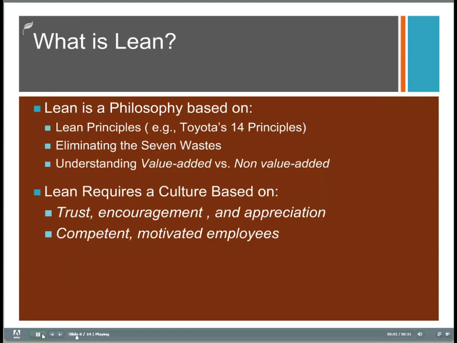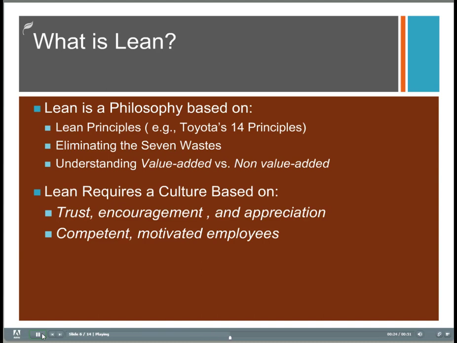What is Lean? Well, Lean, first of all, is a philosophy. The philosophy is based on Lean principles, and we'll look at Toyota's 14 principles. It's dedicated to eliminating wastes and also to the concept of understanding value-added versus non-value-added activity.